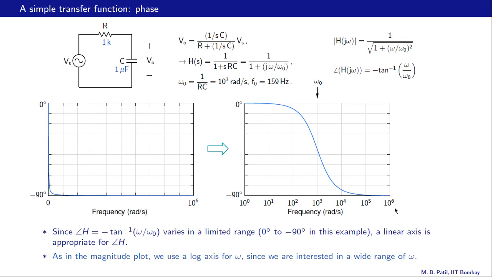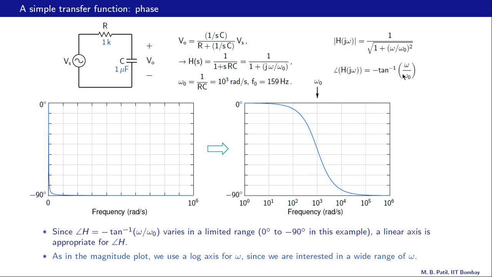For example, at omega equal to omega 0, which is this point here, the phase is minus 45 degrees, and that is something that we expect from here, minus tan inverse, omega equal to omega 0. So this is 1, and that is minus tan inverse of 1, which is minus pi by 4 or minus 45 degrees.